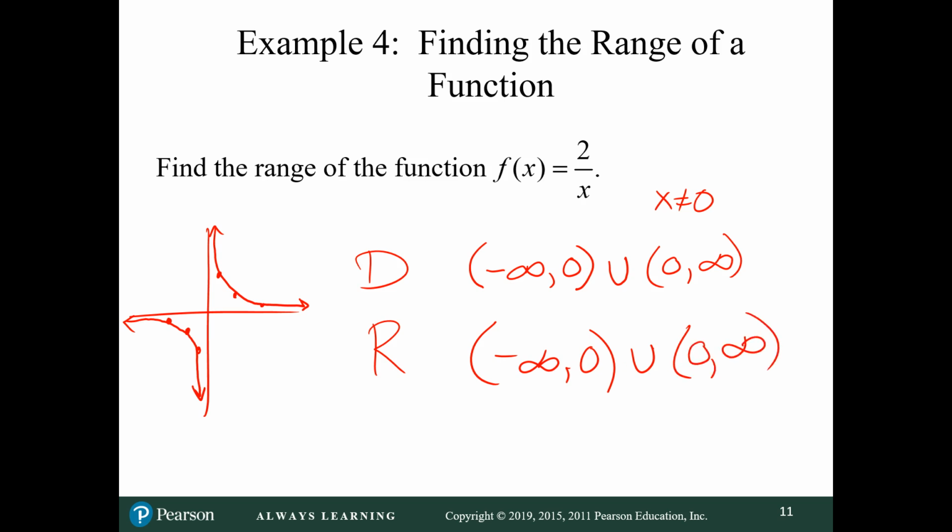It happens to be the same as the domain for this one, just by the way the graph is. So that's the range. It's generally easiest to find the range if you look at a graph.